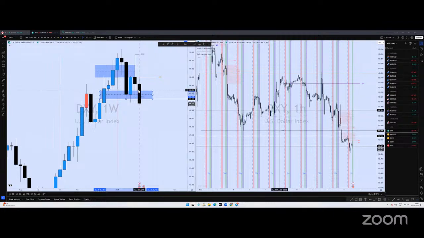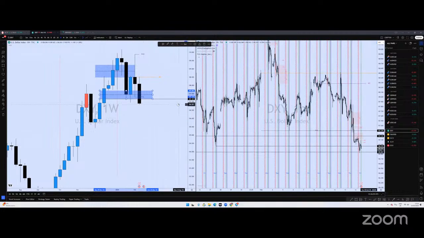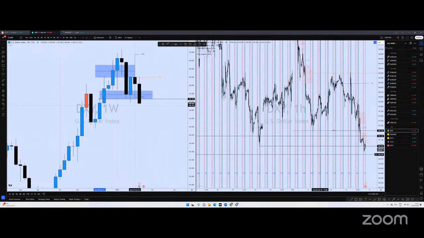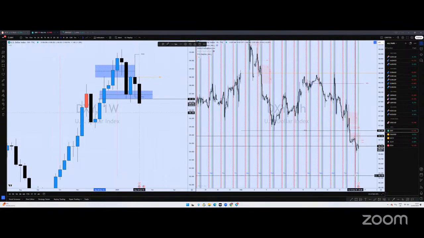If we end up rejecting this gap today, if we end up coming back above, let me draw the price level. This one here comes in at 107.18. If we reject and don't close below that price level today, then next week we will go higher.